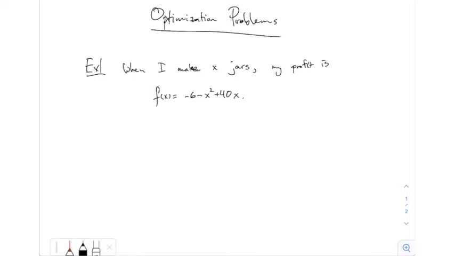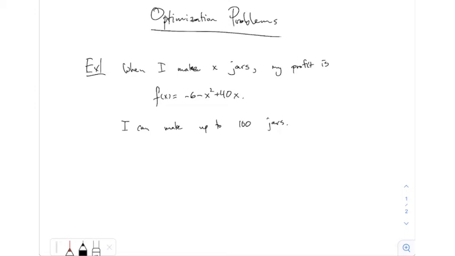And my capability is I can make up to 100 jars. This is not a true story. I do make maple syrup, but I make far less than 100 jars, and I don't make any profits. It's all losses. All right?